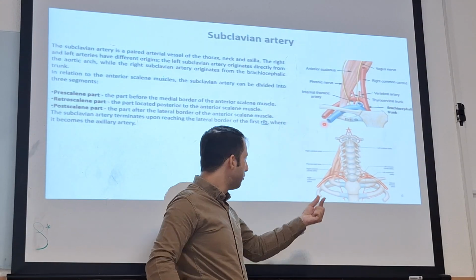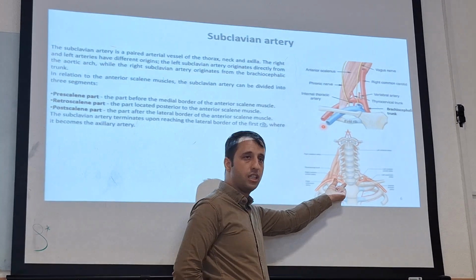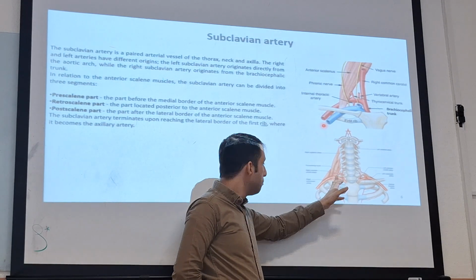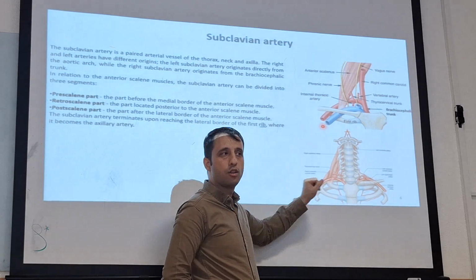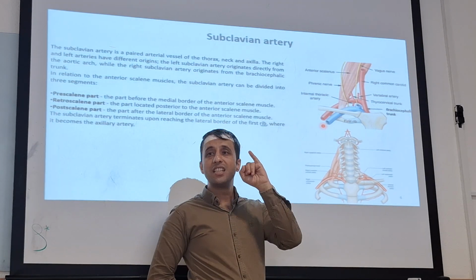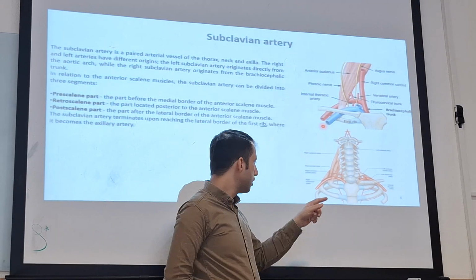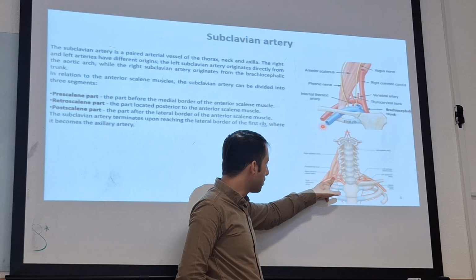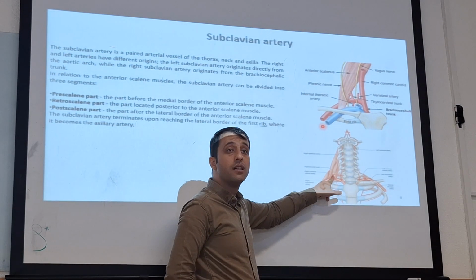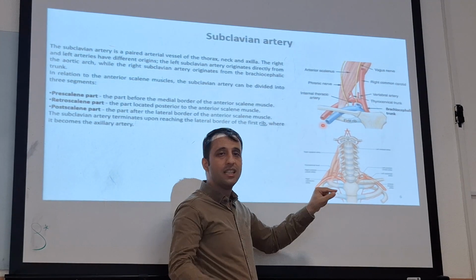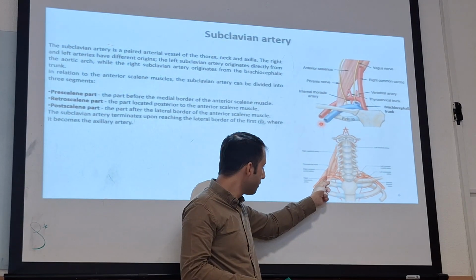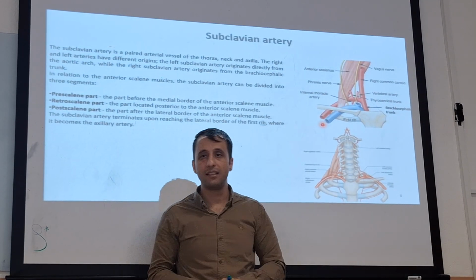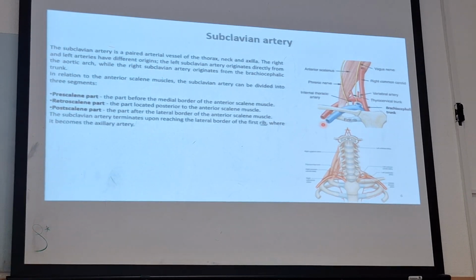The first part is medial to the anterior scalenus muscle. The second part is posterior to it. The third part is lateral to it.